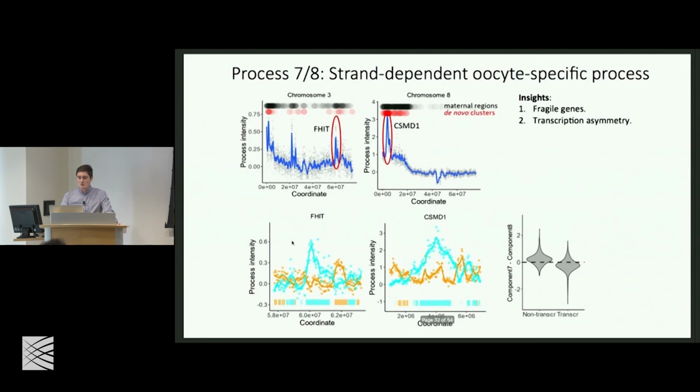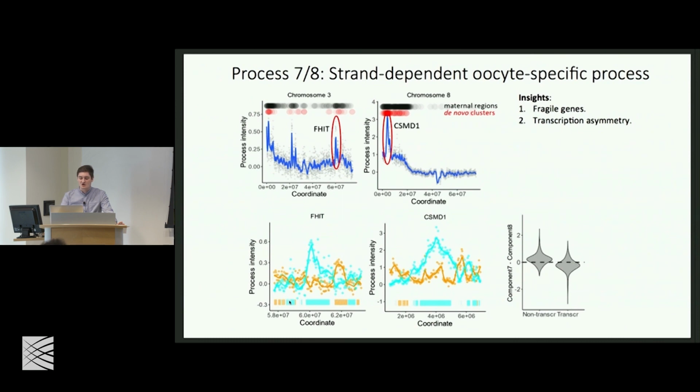So we next looked at what happens inside these peaks, inside genes, and it turns out that there are not only spikes of activity of this process inside genes, but also these spikes are asymmetric with respect to the direction of transcription.